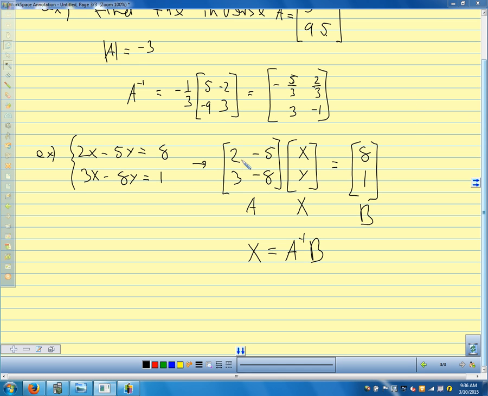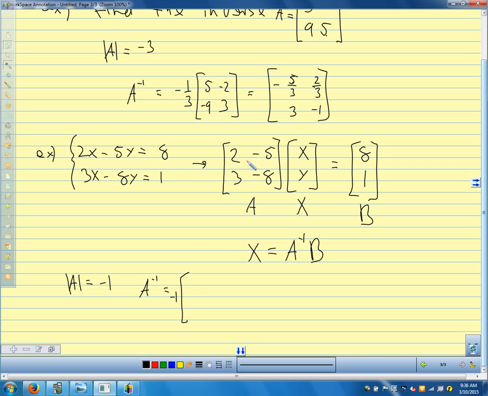So to find A inverse, if we call this matrix A, the determinant of matrix A is negative 16 plus 15, so we get negative 1. So A inverse is this matrix. Negative 1 over 1 is just negative 1, times the matrix.